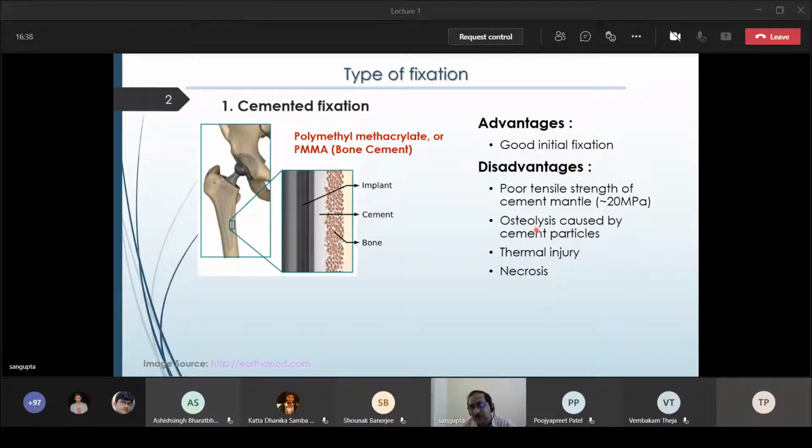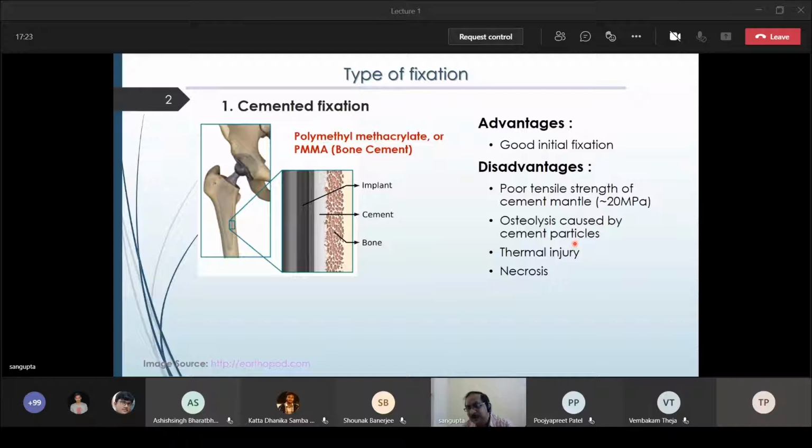Now, apart from that, there is osteolysis caused by cement particles. As I told you, due to its inherent failure, maybe due to low tensile strength, maybe due to interface debonding, with continuous use, very small cement particles would be generated.